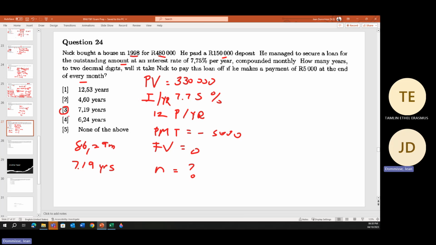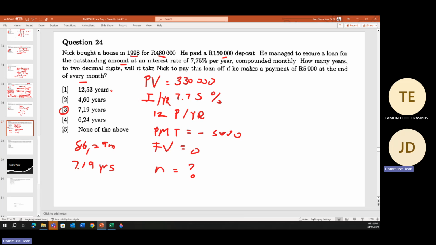Let me quickly check if we put in 480,000 as your present value, kept everything else the same. So if you use the 480 instead of a 350, the option would have been option 1 as 12.53 years. So again, very important to realize what we need to do with a deposit.